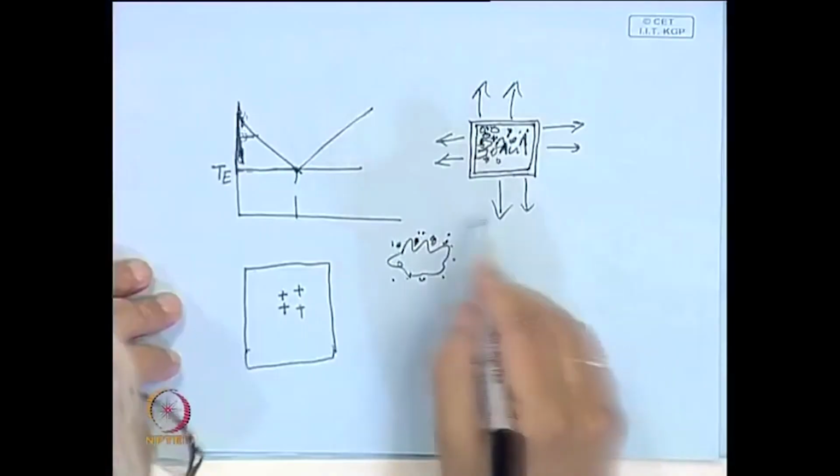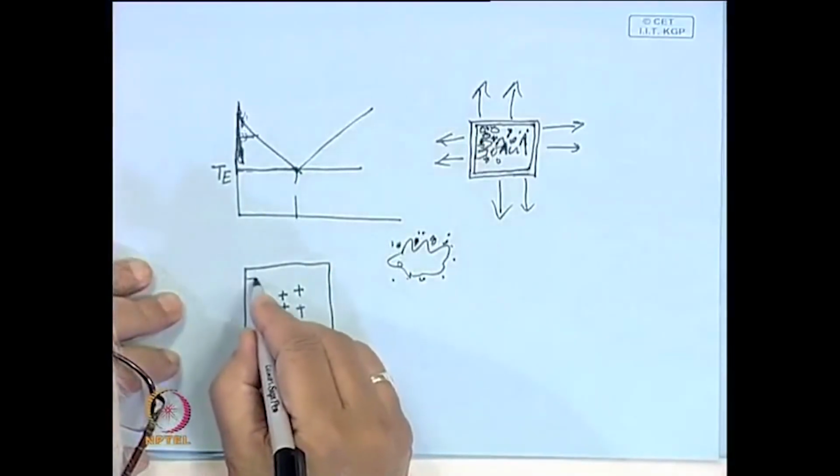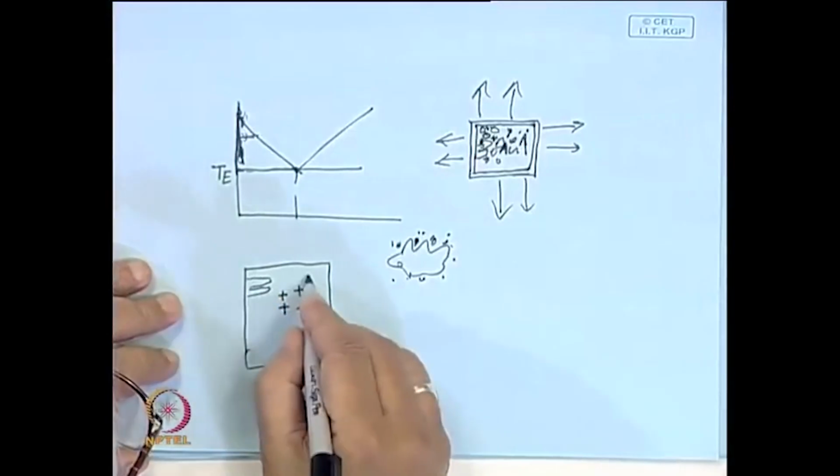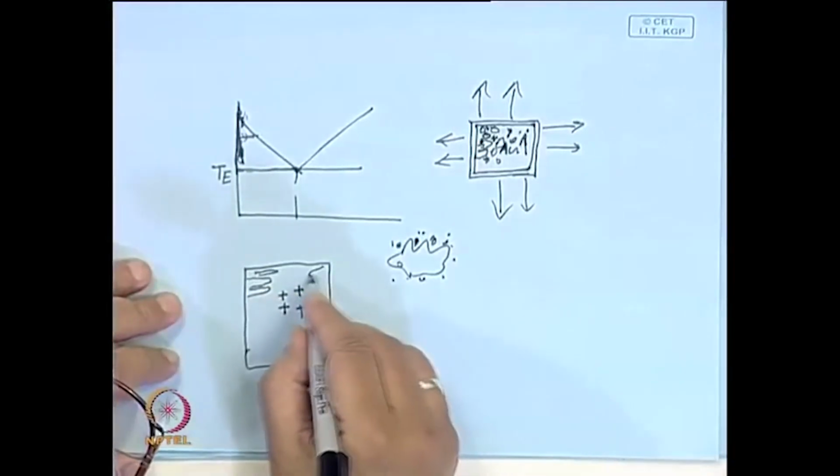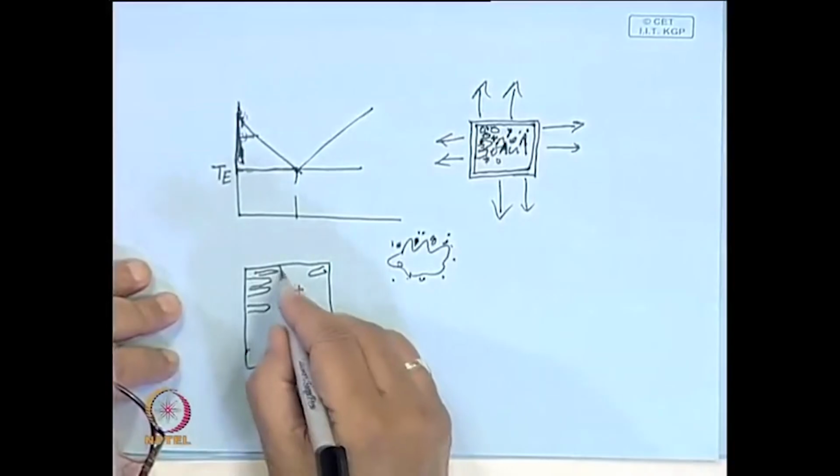Similarly, the solids which form, the crystals which form, and towards the end, say if this is the mold, you have this type of cellular structure. This is forming from the wall side.